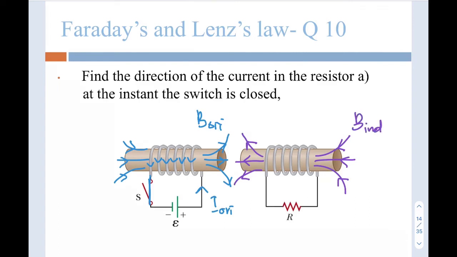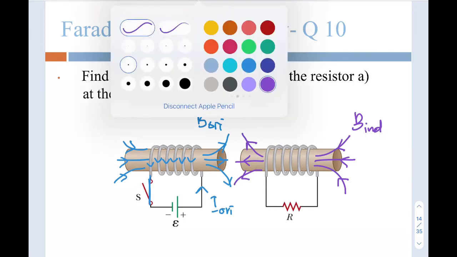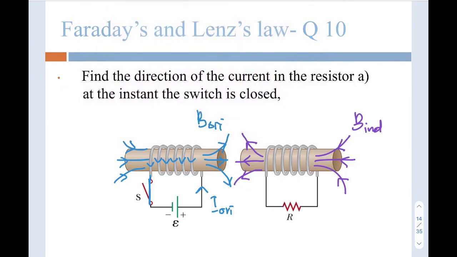By using this information of the purple color B induced, grab this section: put your forefinger along the direction of the purple color B, or B induced, and your thumb will be pointing in this direction.